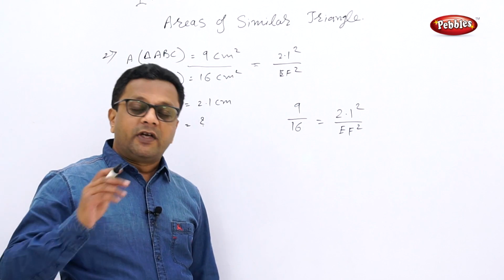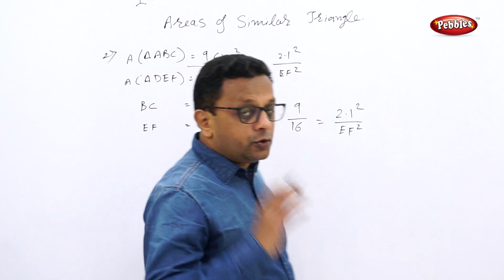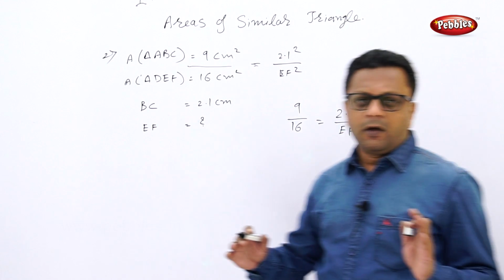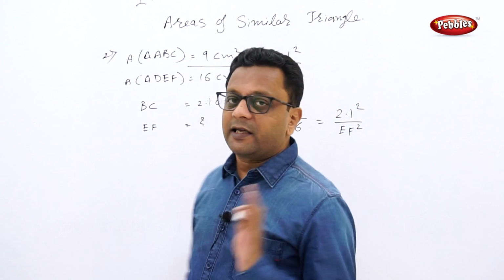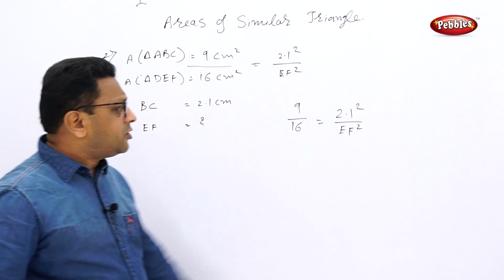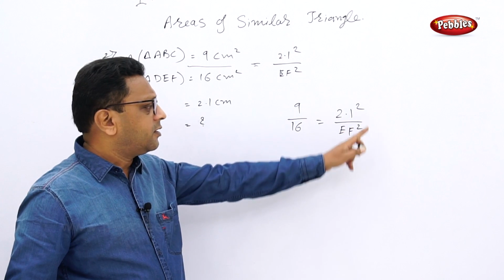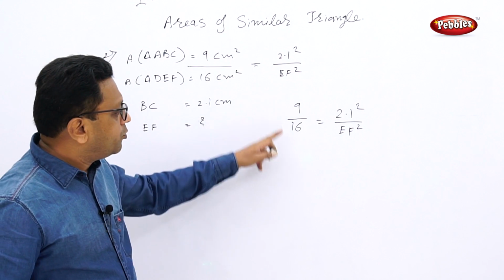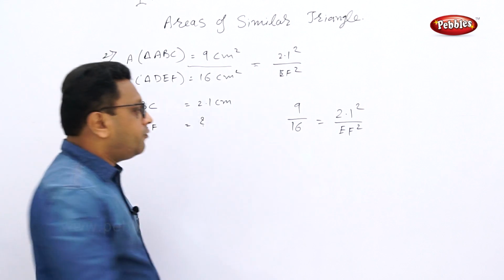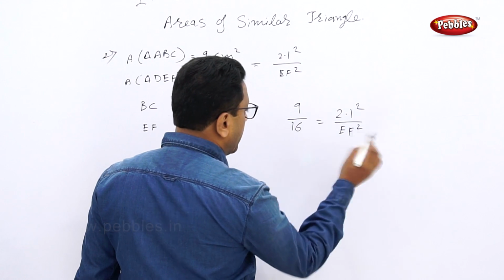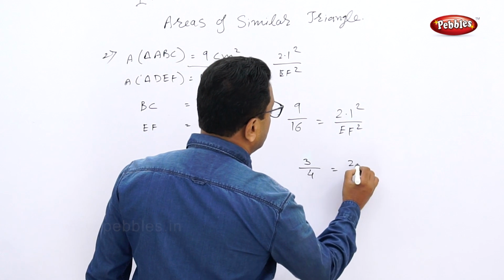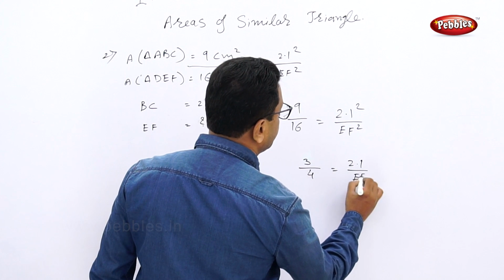But whenever you come across such kind of ratios or any numerical example, this is arithmetic. So first watch it carefully. Can you see that both are squares here, and here also both are perfect squares, 3 square and 4 square? So you can first take the square root of both sides. So it will be 3 by 4 is equal to 2.1 by EF.